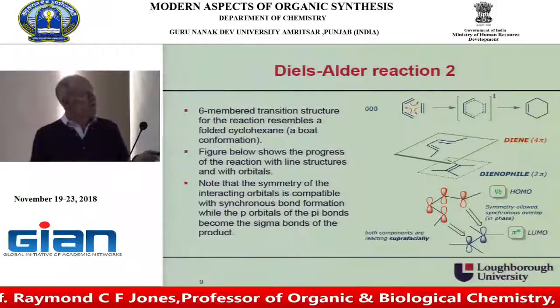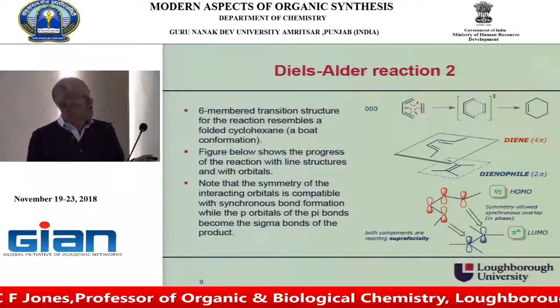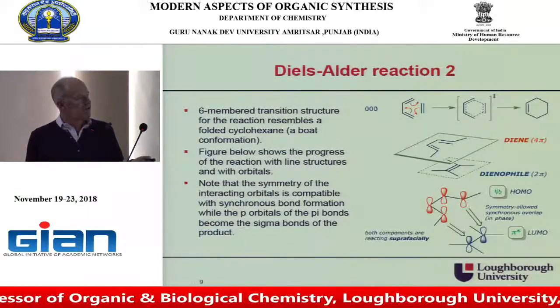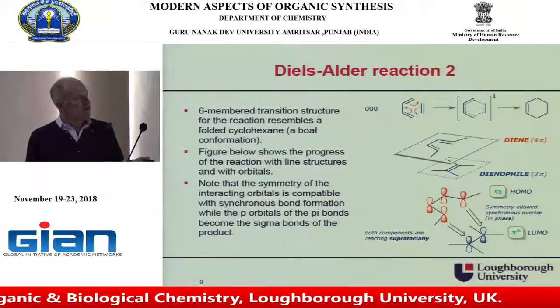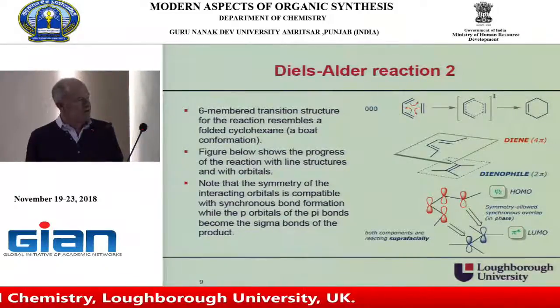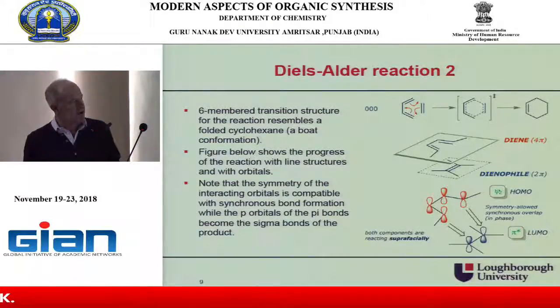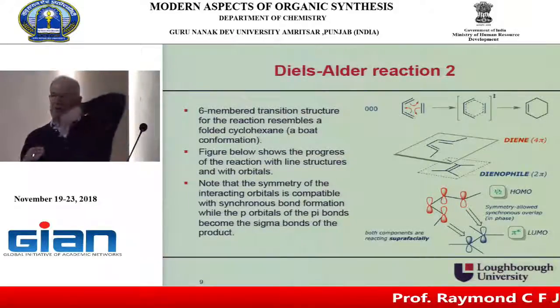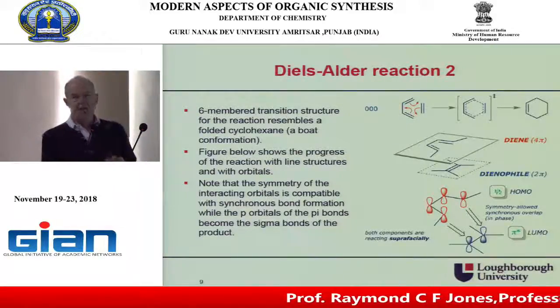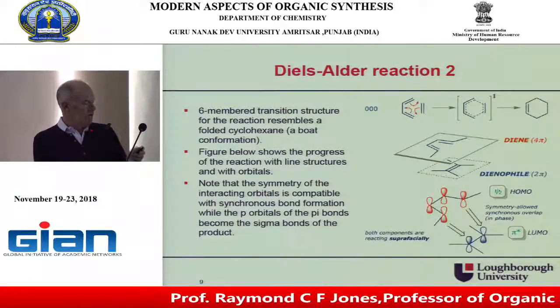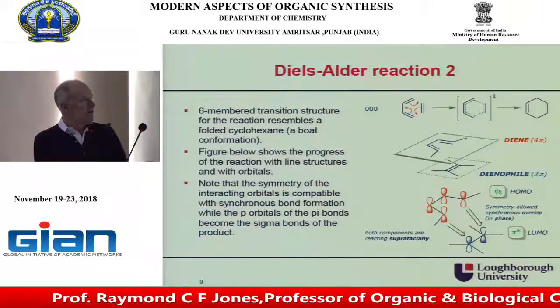The 6-membered transition state for the reaction resembles a folded cyclohexane. So it's like a boat conformation. I can't really see it in these drawings, but if you were to imagine the bonds being formed here, diene and dienophile, or here as well, if you imagine the shape of that, it's a bit like a boat conformation of a cyclohexane.